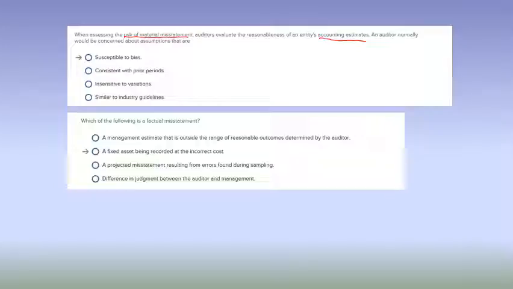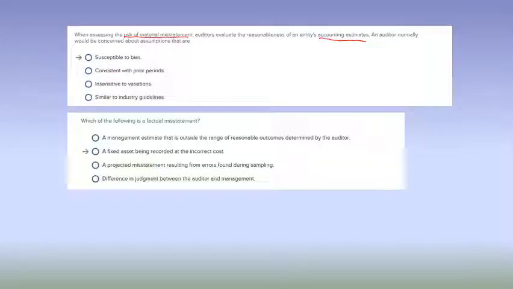That is pointed out to us as the answer here. By saying that that is susceptible to bias, estimates have a certain amount of subjectivity, and we would look for bias with those estimates if, for example, they tended to overstate revenues, understate expenses, overstate assets, understate liabilities. Those would be the types of biases that we would be looking at.